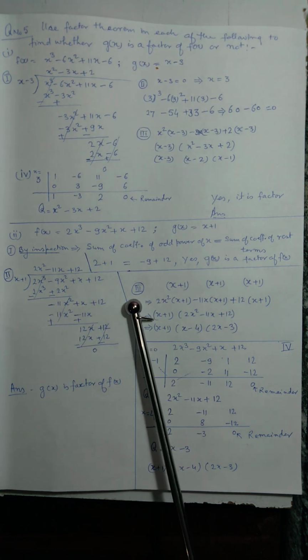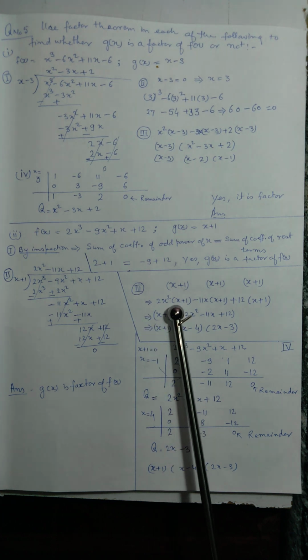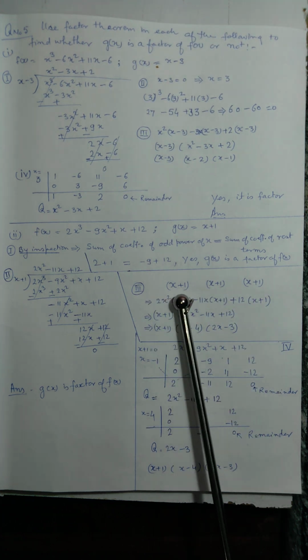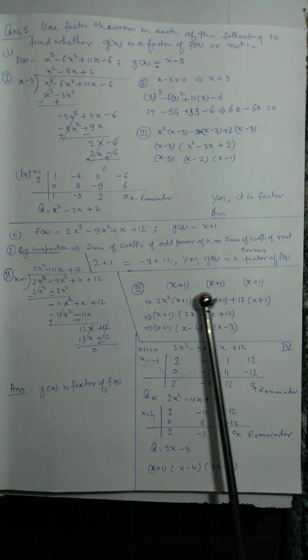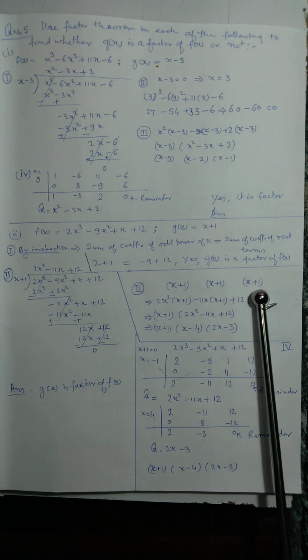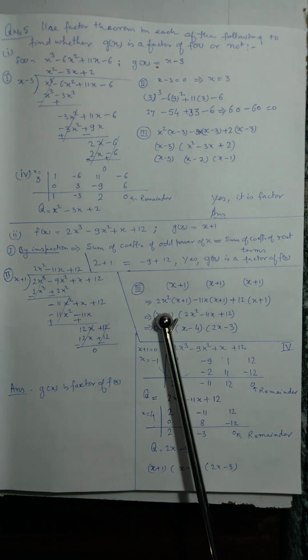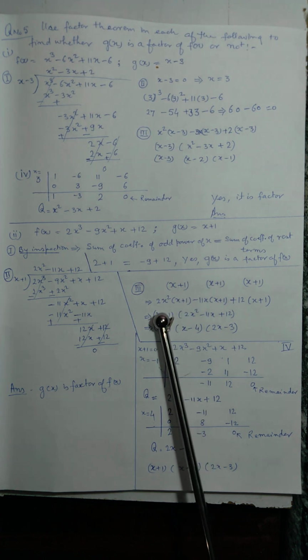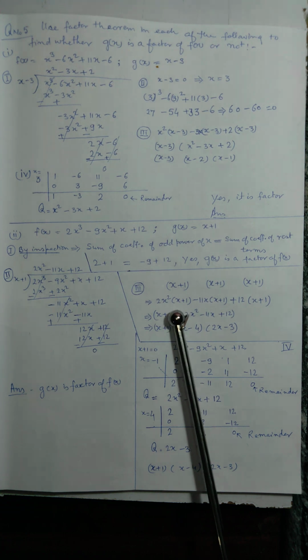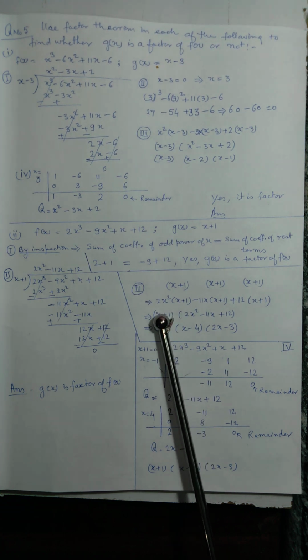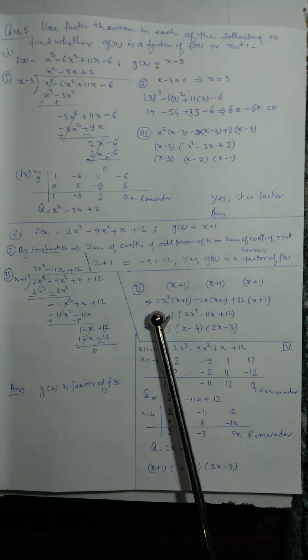Now for the third method, I have told you that the degree is 3. So you have to write down first of all x plus 1, x plus 1, x plus 1, three times. Now in order to get the dividend, you have to put 2x square, so that on multiplying you will get 2x cube.